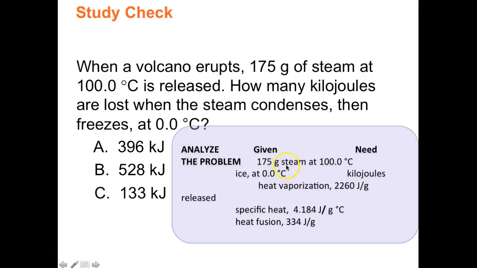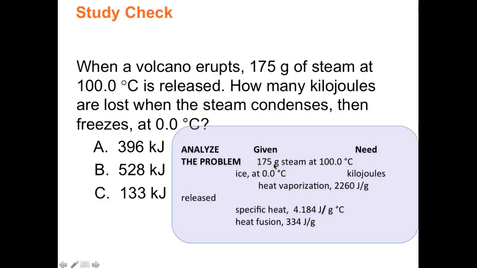So you have 175 grams of steam at 100 degrees centigrade, and then it condenses and freezes when it becomes ice at 0 degrees centigrade. Heat of vaporization is 2260 joules per gram for H2O. Specific heat is 4.184 joules per gram degree centigrade, and heat of fusion is 334 joules per gram. All right.